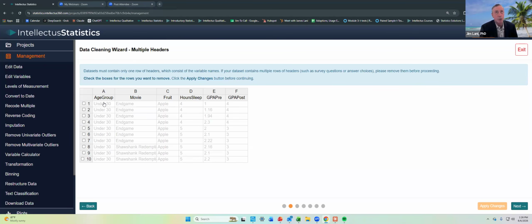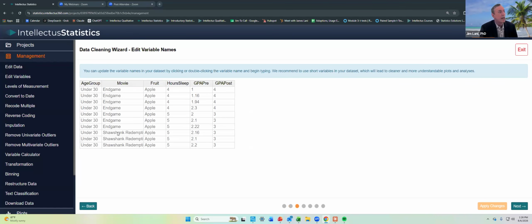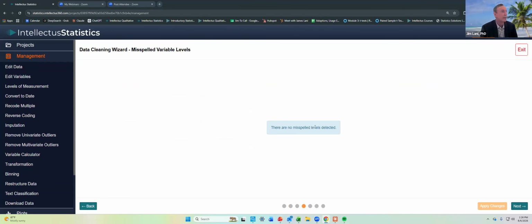If you upload from Qualtrics or SurveyMonkey, it will have different levels of headers. You can get rid of headers. You can edit variable names, particularly if you have a very long name. They don't make for good tables and figures, so this is an opportunity to change your variable names. If you had misspellings, sometimes for gender, for some reason, you could have male with a capital M, male with a small m. It will help you clean that up.